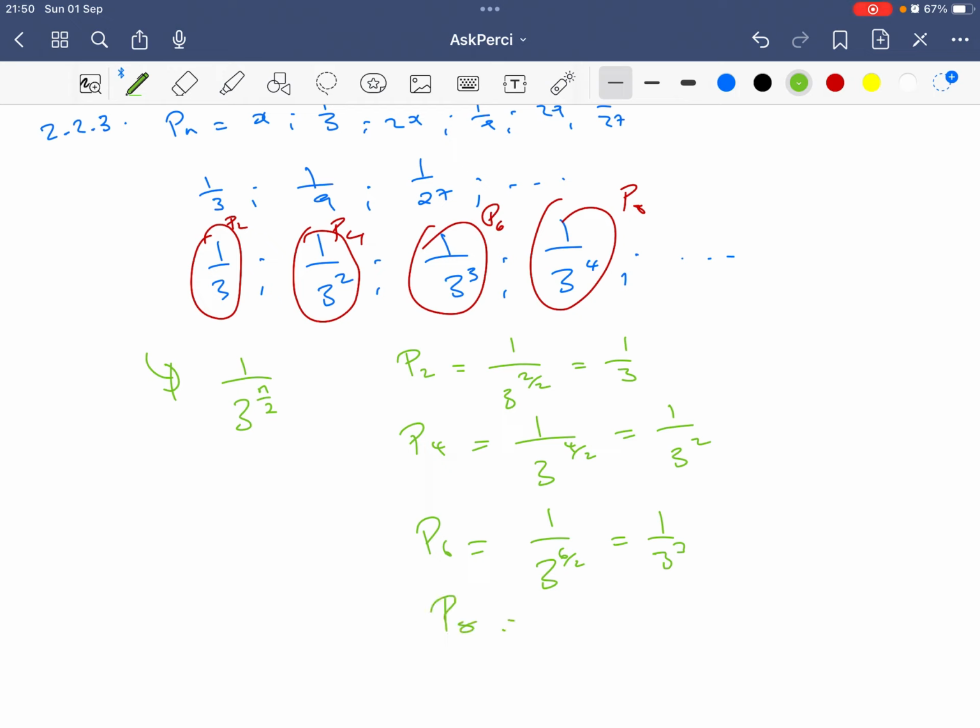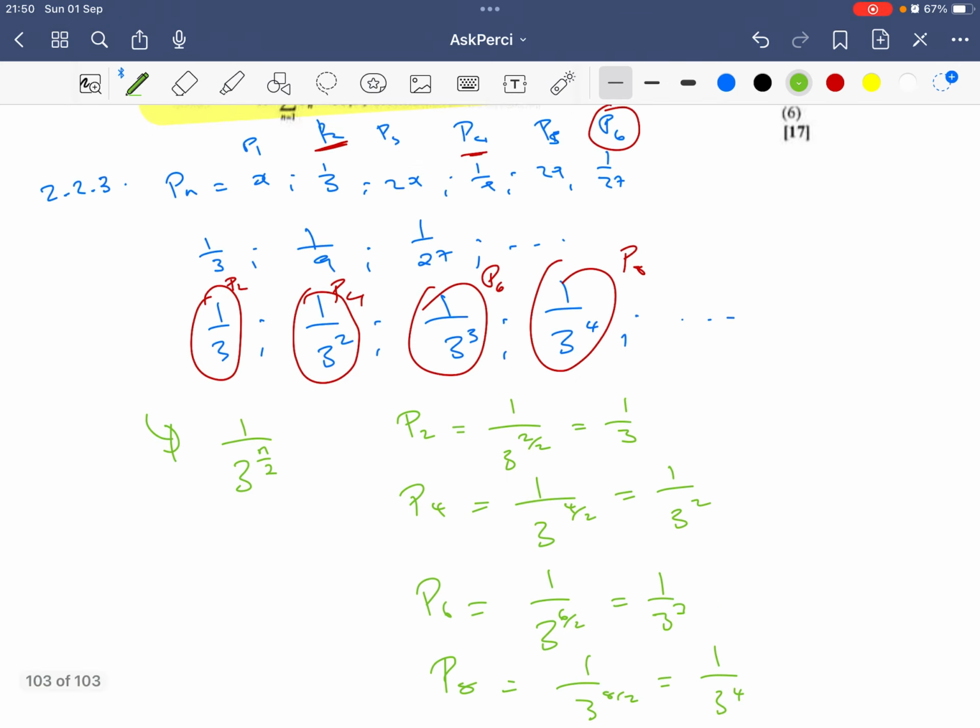I mean, you can already see that the pattern is true, right? 8 over 2, which is 1 over 3 power 4. So would you agree with me that Pn, for the even numbers, by the way, is equal to 1 over 3 power n over 2 for even numbers.